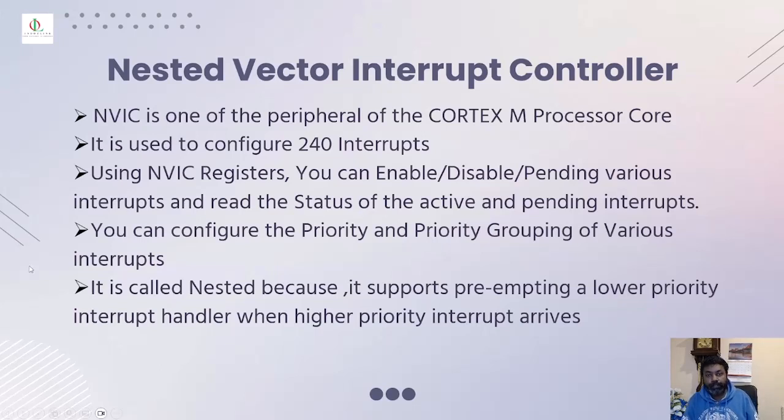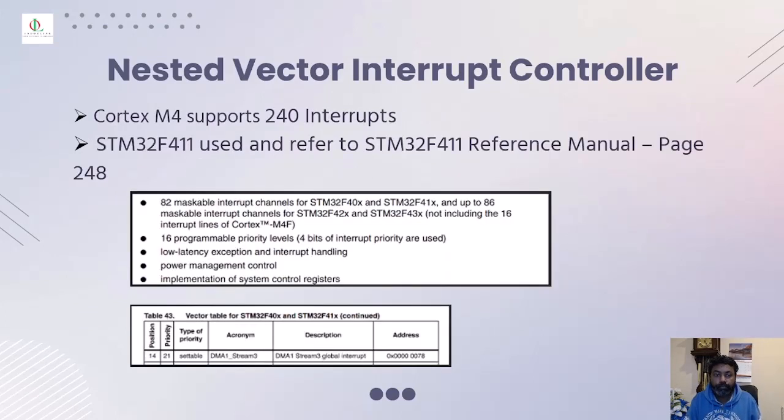It is called nested because it supports preempting a lower priority interrupt handler for a higher priority one when it arrives. So if the program works on the lower priority and a higher priority arrives, it stops the low priority and goes into handling the higher priority and then comes back to the lower priority. So that accommodation of handlers is termed as nested.